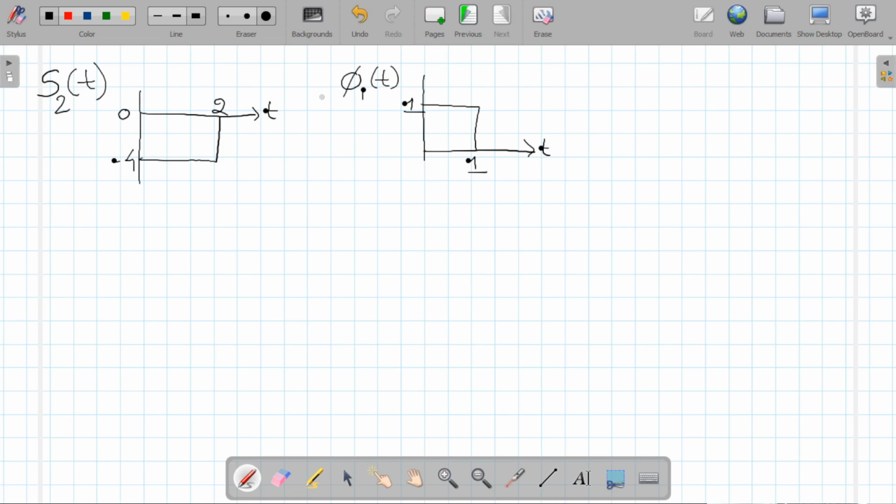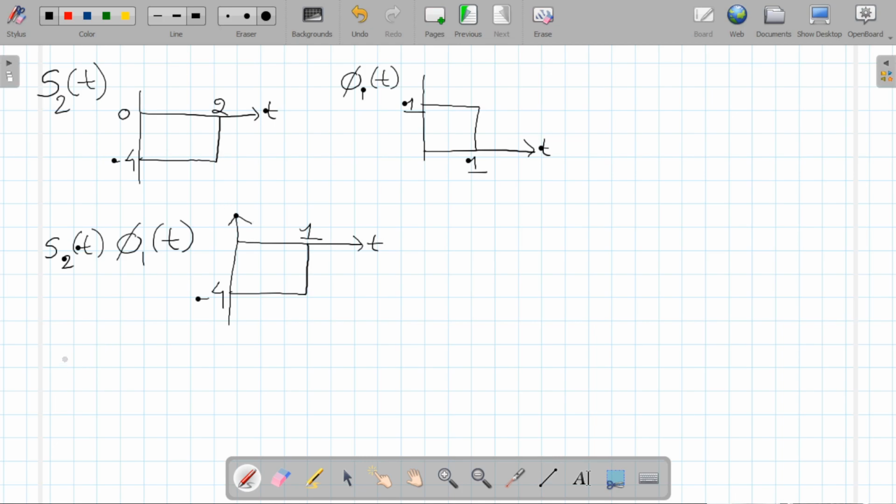If we multiply S2 of t with phi 1 of t, we get a graph with amplitude minus 4 with the time value 1.